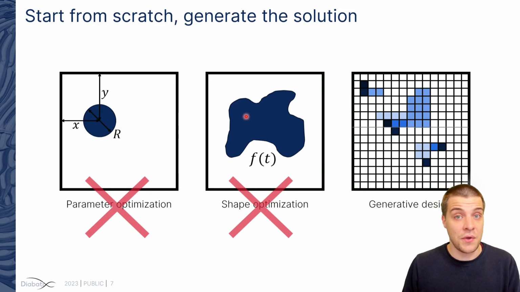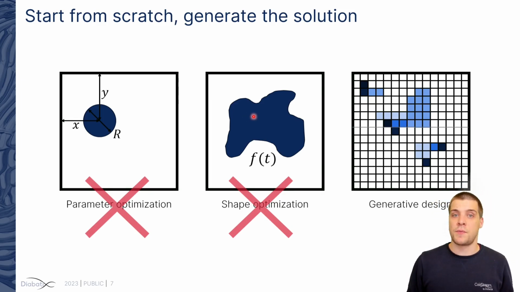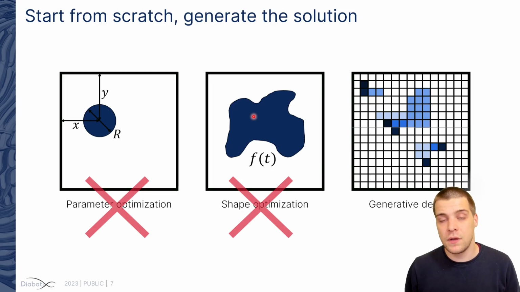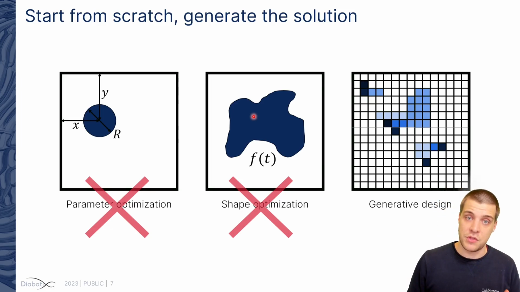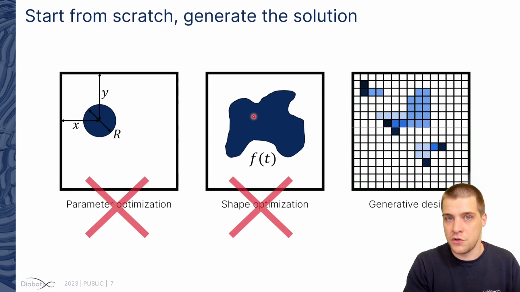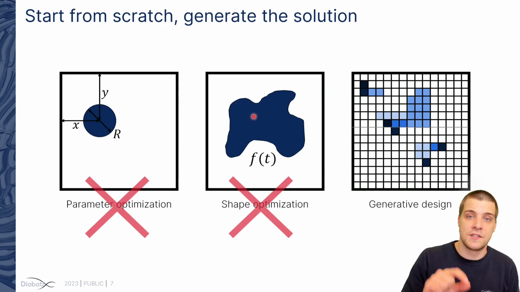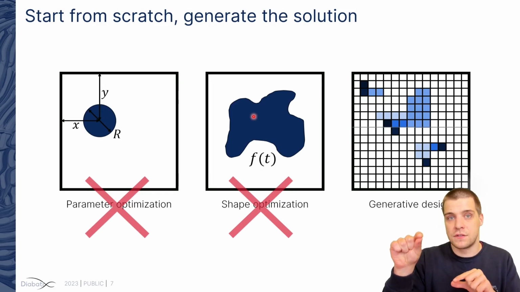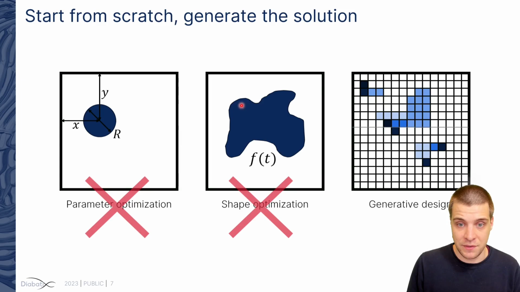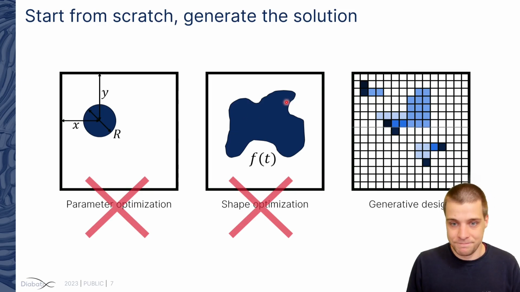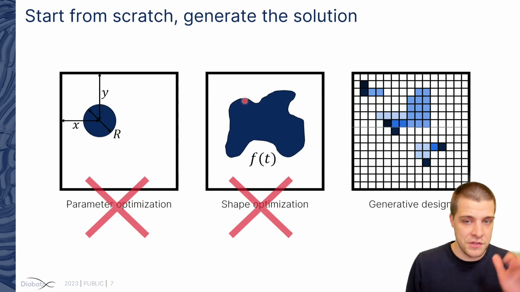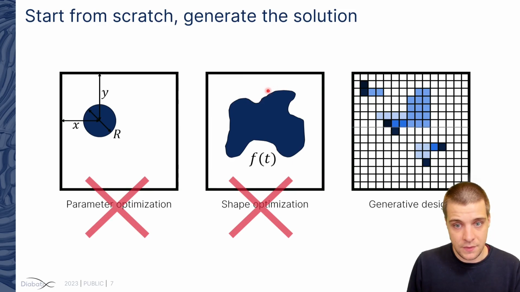Then you can go to shape optimization. Shape optimization allows for more freedom in the final design. So with shape optimization, you basically give an initial shape, initial design, and then the optimizer has complete freedom to move the edges of the design around. For example, here I've drawn a blob. What the optimizer can potentially do is straighten this cavity out to make a nice convex design rather than a concave design.